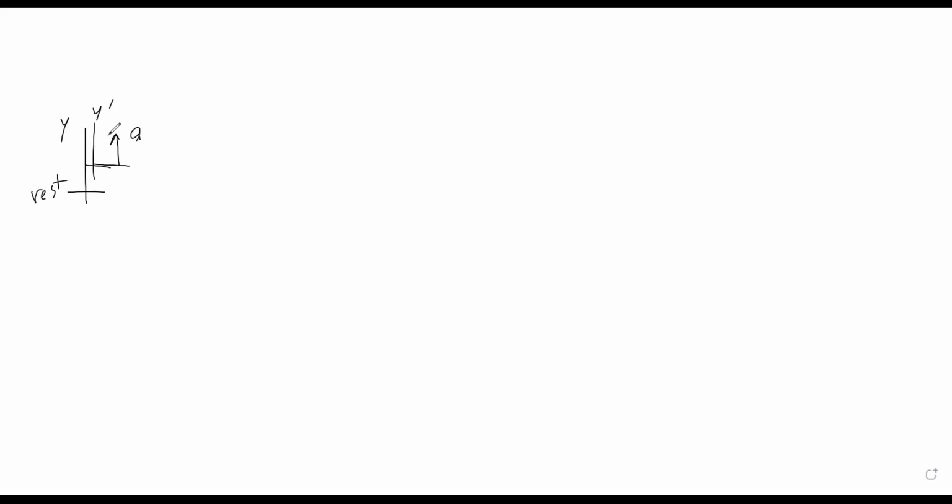And so how do the forces change? Well, we first have to know how these two positions are related. And sure enough, let's say at time t equals 0, things match up.